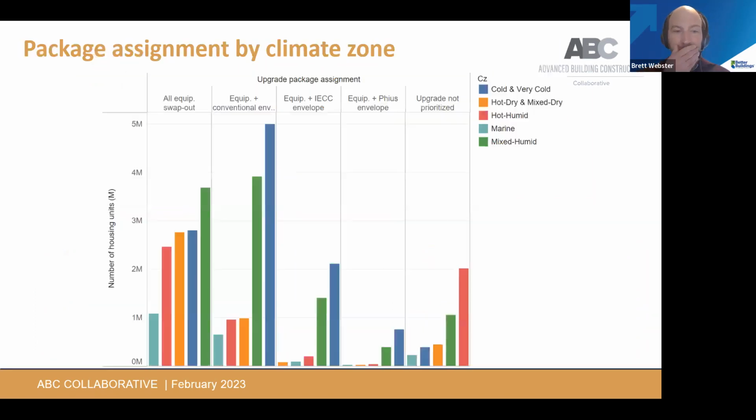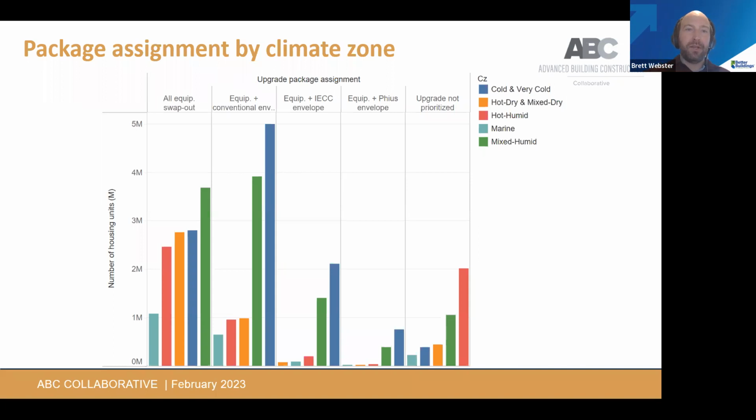Next slide, please. So given this assignment logic, we then assigned these retrofit packages to multifamily buildings across all climate zones, and these are the results by climate zone. So you can see that a good chunk of multifamily buildings receive just an all equipment swap out.